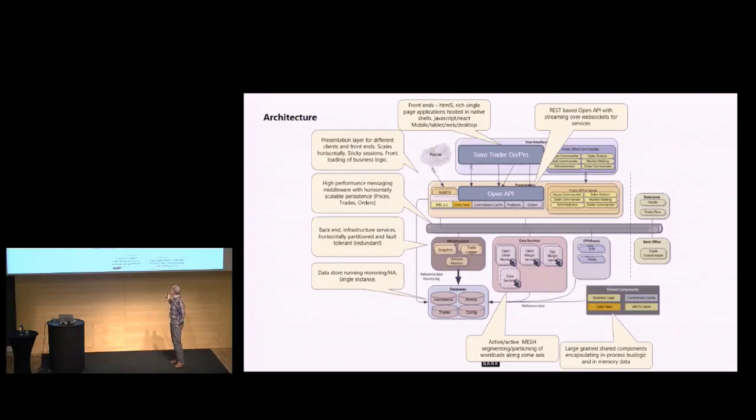And then some large-grain shared components encapsulate some core business logic around trade capture, order capture, and some of them are just essentially caching data in a way that's optimized for the actual use.